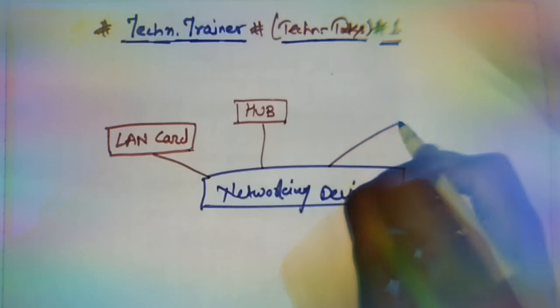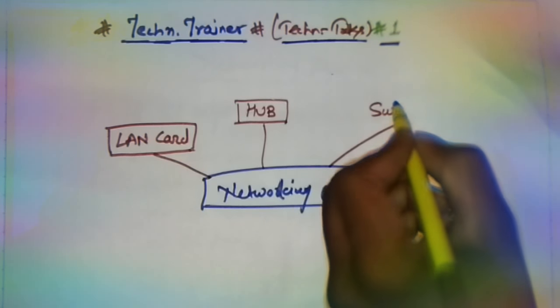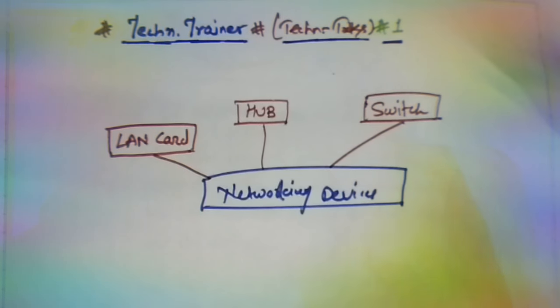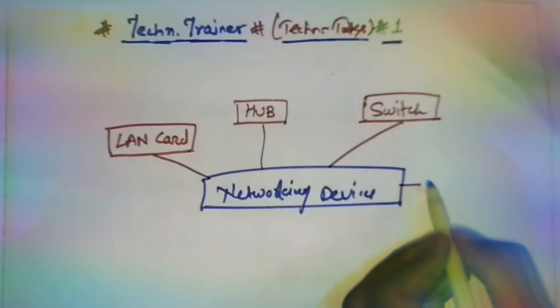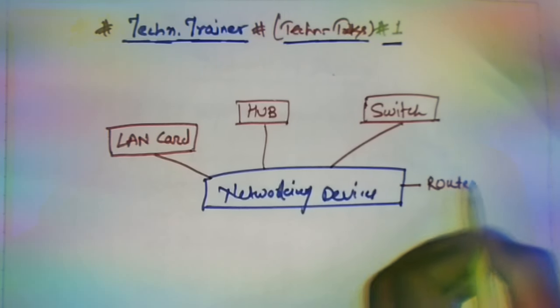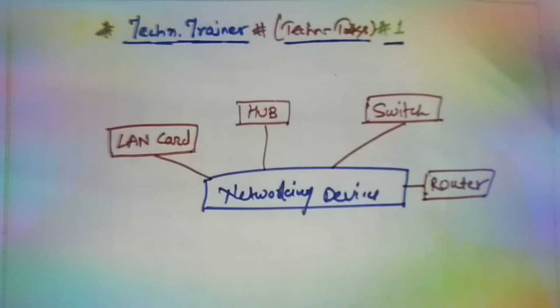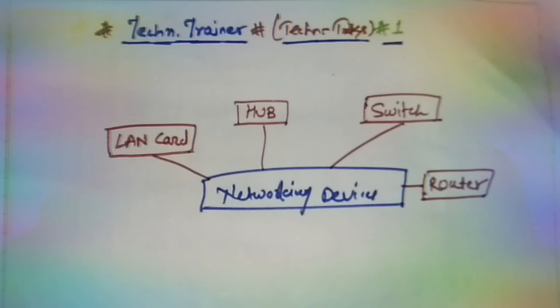The third one is the switch, which is commonly used for connecting devices. And the fourth one is the router. It helps to communicate in different network areas.